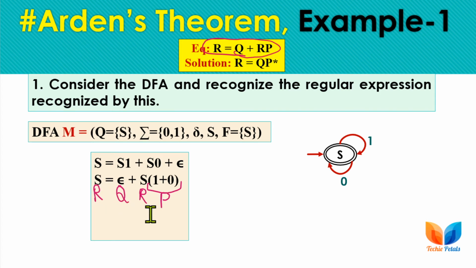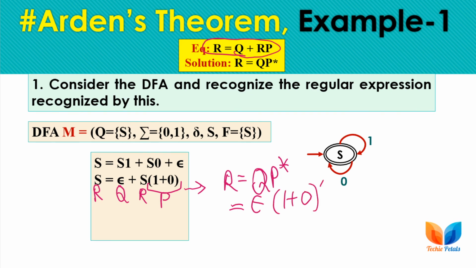As it is forming the equation, we can write the solution directly as R equals Q P star. As Q is null, we can write null, and P is (1 plus 0) star. We can ignore the null, so we get the solution as (1 plus 0) star.